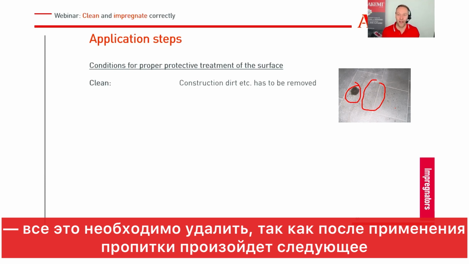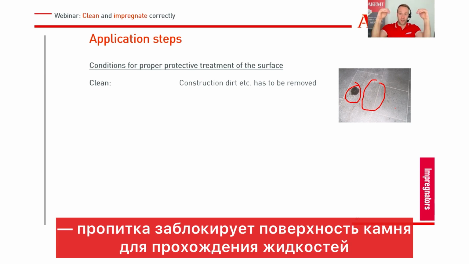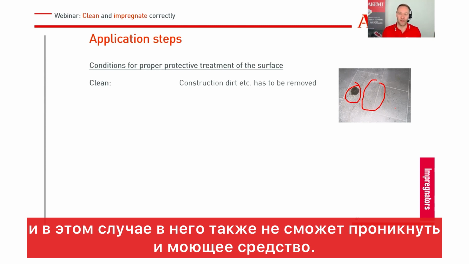Because what does an impregnation do? Impregnation blocks liquids from penetrating into the stone. So cleaners will also not penetrate into the stone. How should they then get some staining, some oil, out when they cannot reach it? So clean the stone before you apply the impregnator.